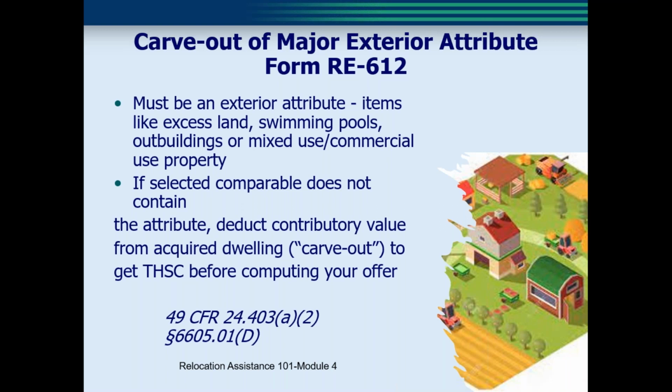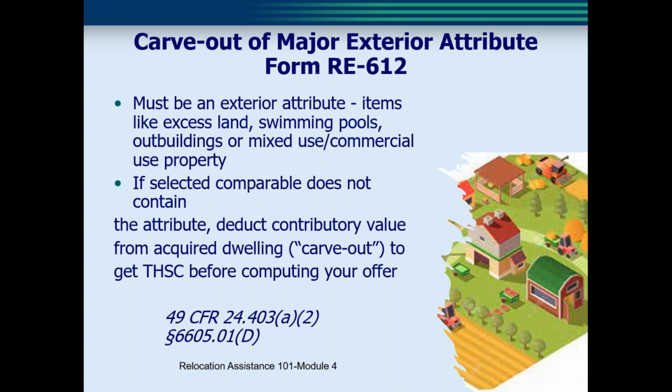These features are typically called major exterior attributes. Fortunately, federal regulations outline a method to handle the situation where the selected comparable does not replace the major exterior attributes that the subject dwelling possesses.